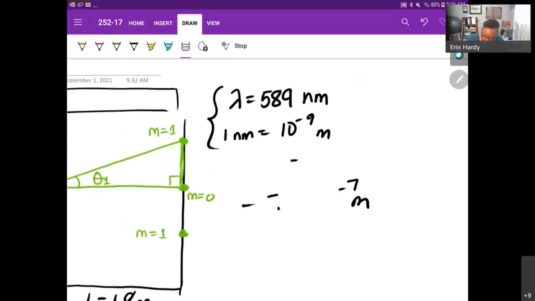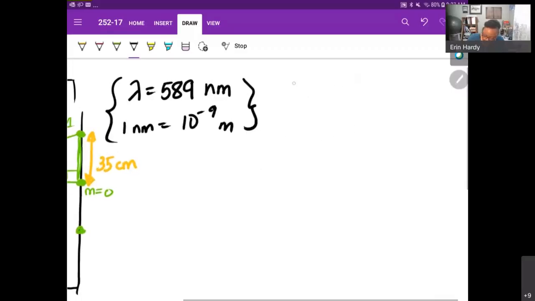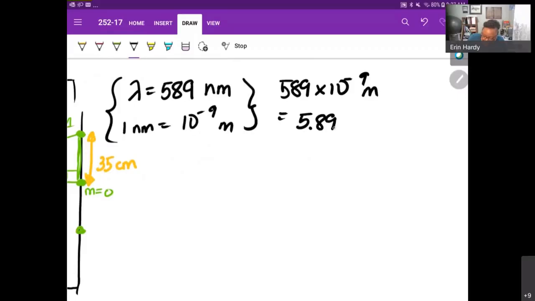Let me move this so that I can label this here as 35 centimeters. And we used this to show that 589 times 10 to the negative 9 meters is equal to 5.89 times 10 to the minus 7.